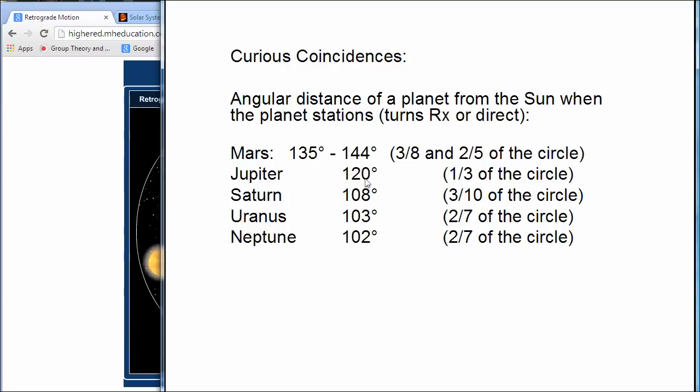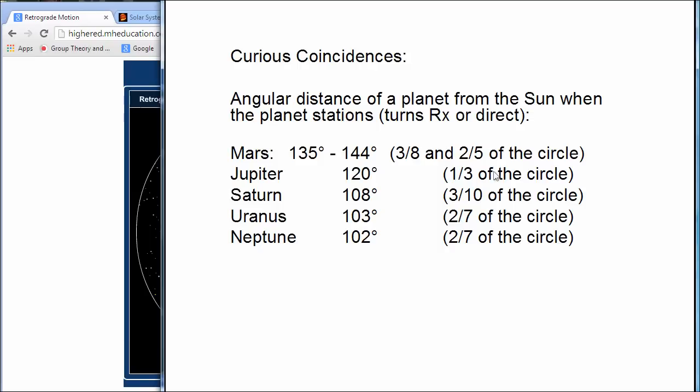Jupiter will be 1/3 of a circle. So when Jupiter is trine the Sun, it is stationary. So if you're an astrologer, that's an interesting thing. What I'm telling you is that when Jupiter is trine the Sun, it's stationary. That's very interesting. It's something we don't often realize in astrology. I'll say it again.